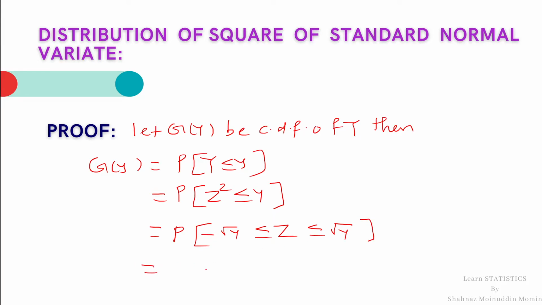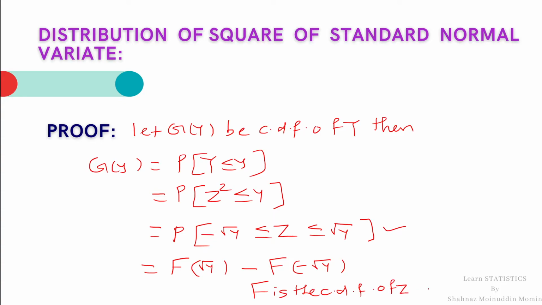By the property of CDF, we can write this probability as CDF of z at under root y minus CDF of z at minus under root y. Here f is the CDF of z, SNV.